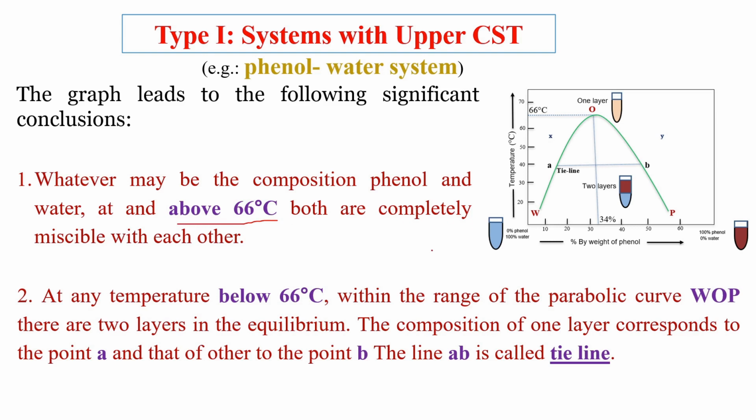At any temperature below 66 degrees centigrade, within the range of this parabolic curve WOP, there are two layers in equilibrium. The composition of one layer corresponds to the point A and that of the other to point B. And the line AB is called tie line.